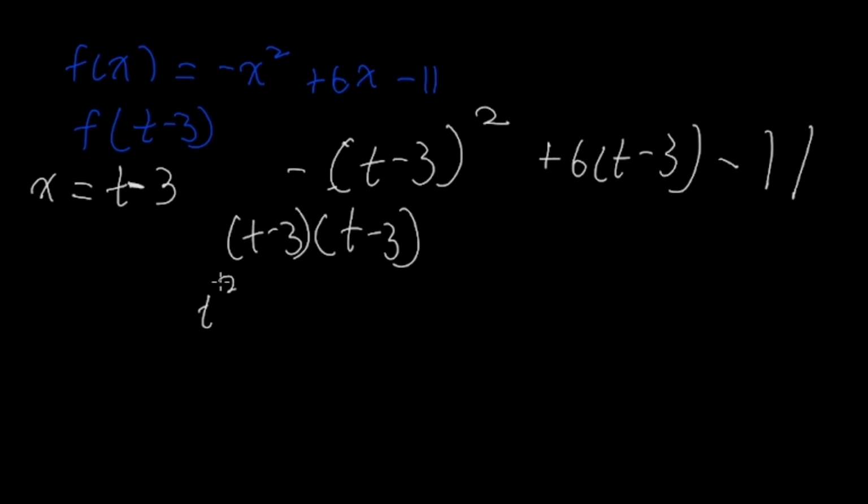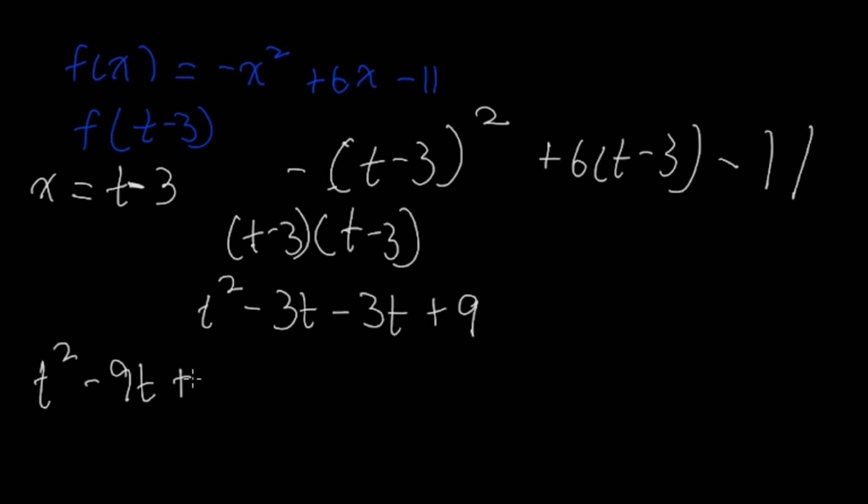So that becomes t squared minus 3t minus 3t plus 9. As you guys can see, I've multiplied each of these terms by each other, and so negative 3t minus 3t becomes negative 6t. That's t squared minus 6t plus 9.